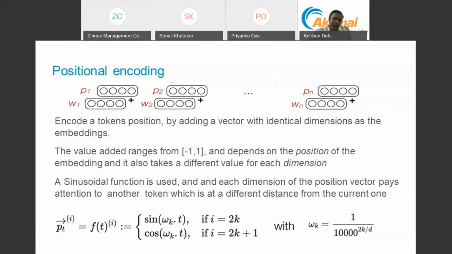So each of these bits has a different value; one is paying attention to words nearby, the next bit goes slightly further away, and the last bit would go 10,000 times 2 pi away, as the wavelength slowly increases. So it's kind of a hack, but it works. Okay.